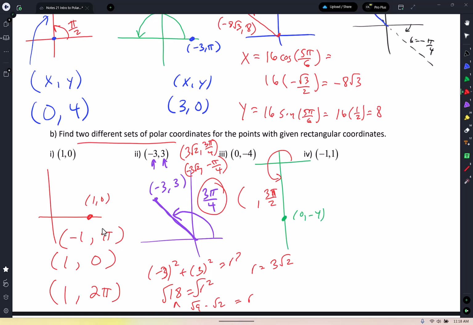What's my radius? No, not negative 4. Negative 4 would take you to pi over 2. 4. That's one answer. What's another answer? You can say pi over 2, which is the positive y-axis, and then go in reverse, which is negative 4. See?